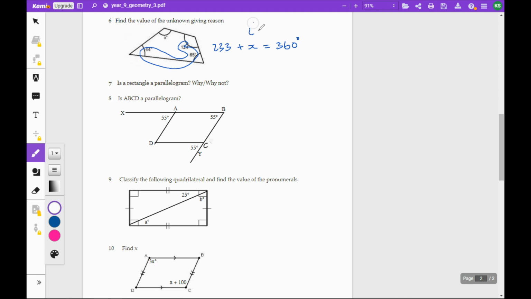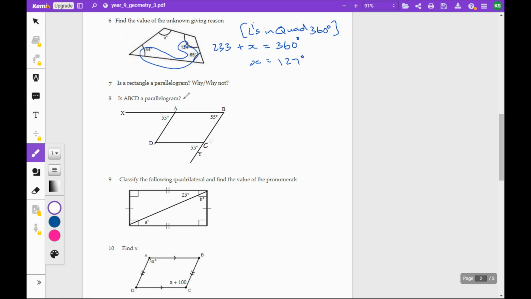So angles in the quad add to 360 degrees. So then x must equal 360 minus 233. And 360 minus 233 is 127 degrees.